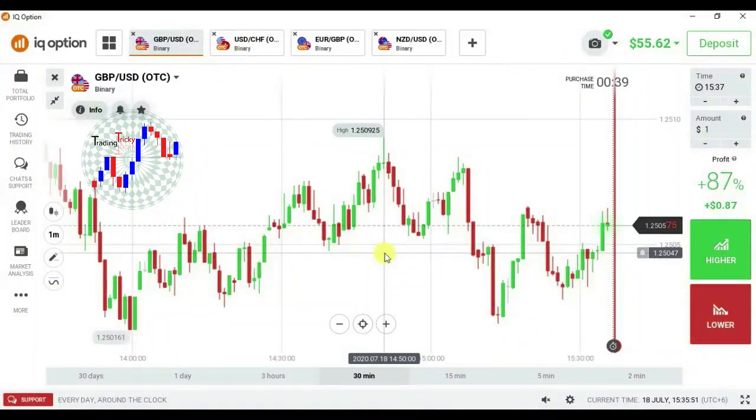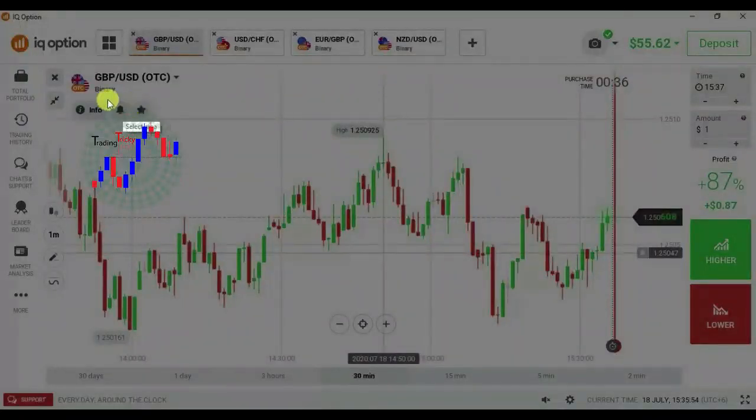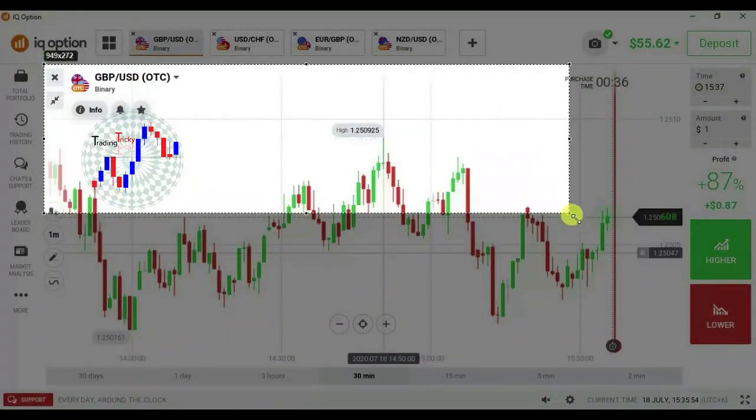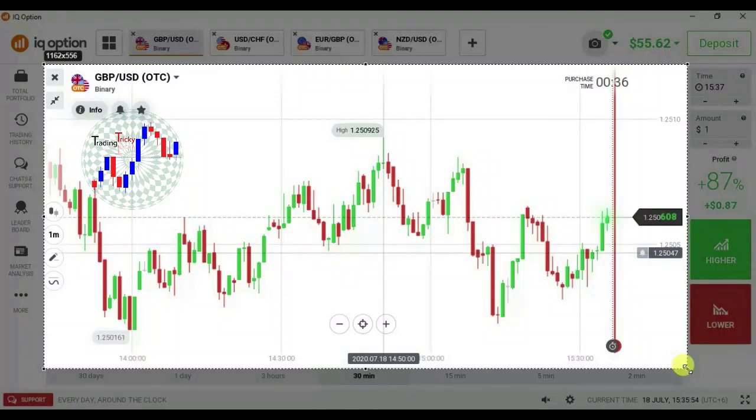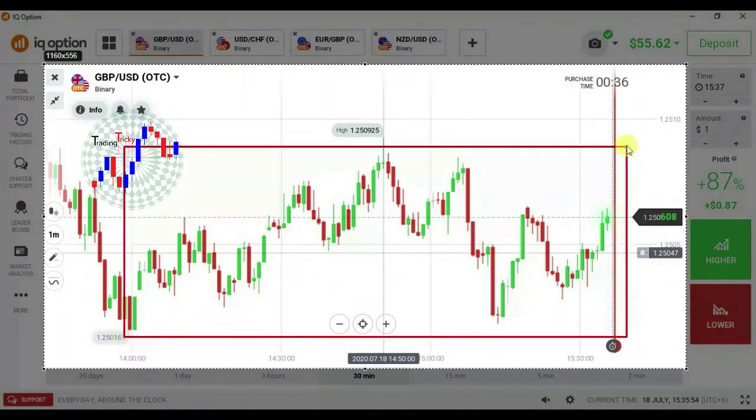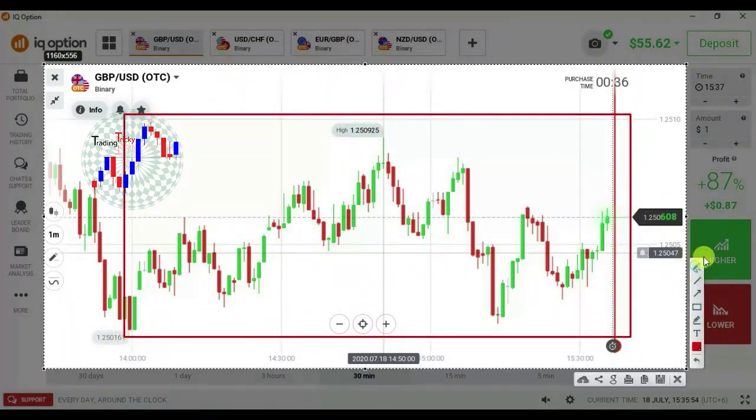Okay, so let's talk about support and resistance basics. Support and resistance actually is price action. Where you can see price action, this is a support or resistance. If you check from here, this area, you can see this is a support because of strong buyer's entry.